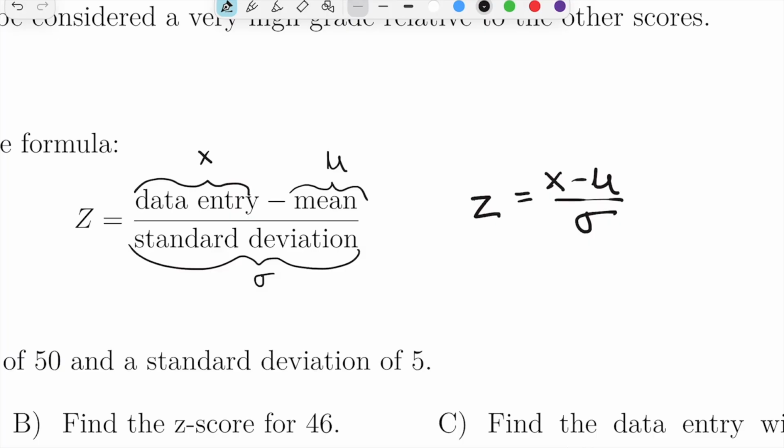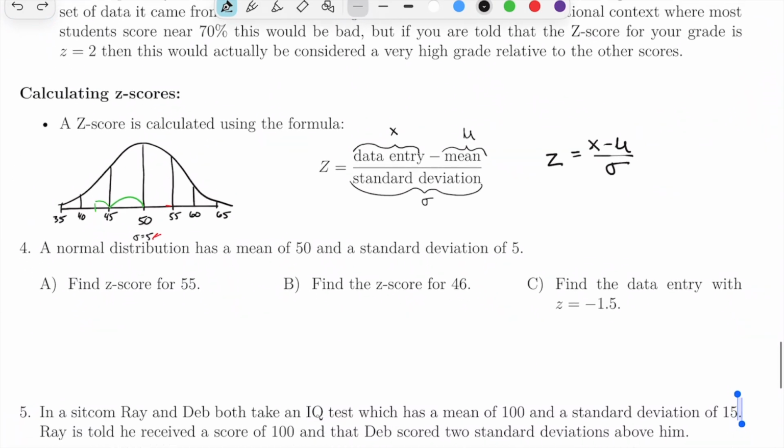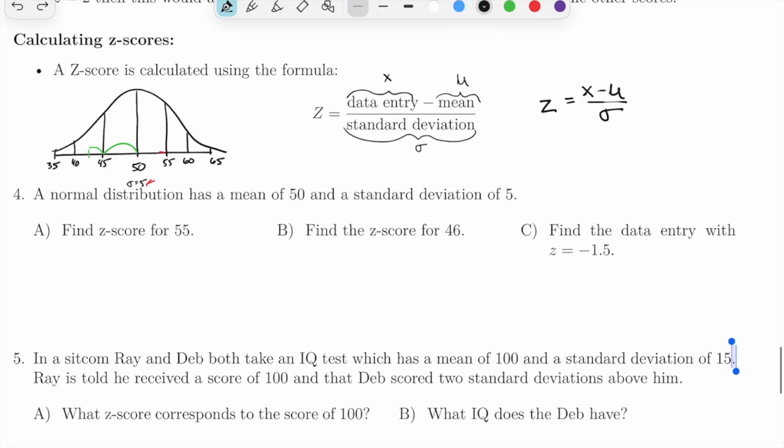I just like this other formula here on the right because there's a lot less words. I only have to write 4 letters that way, as opposed to the 20 letters it takes to write out data entry, mean, and standard deviation. In math, we try to shorten everything down with equations. So that's an equation that I use, and let's talk about why that works. We'll explore that in this next problem.